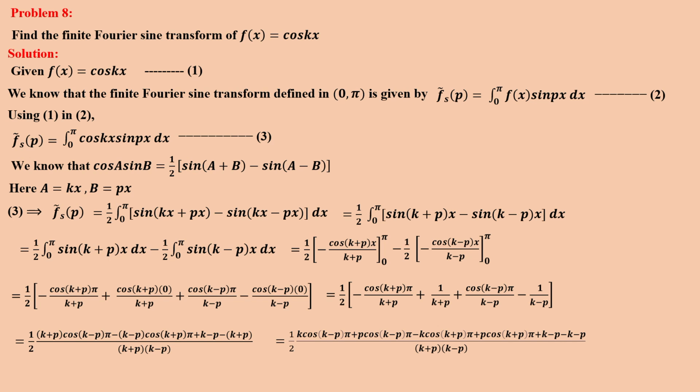Then (k minus p) minus (k plus p). So k minus k gets cancelled.